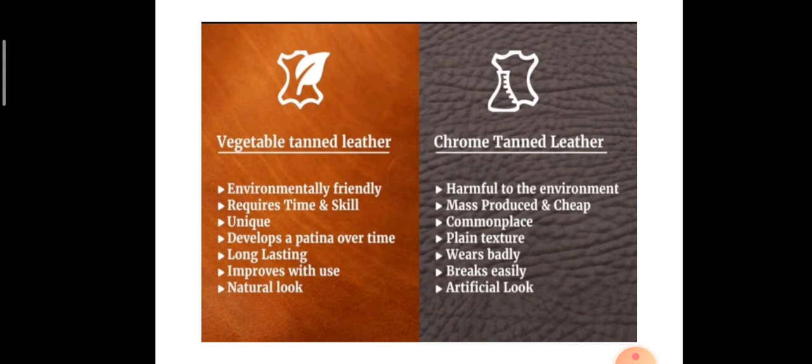Another important feature is that it is unique. The next ones are that it develops a patina over time, is long lasting, improves with use, and the last thing is the natural look.